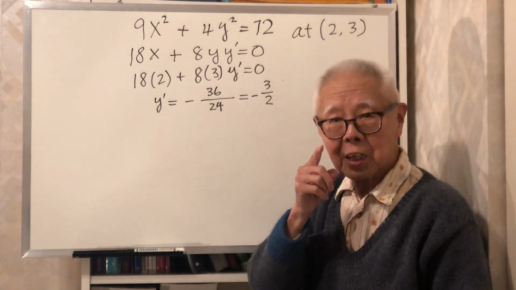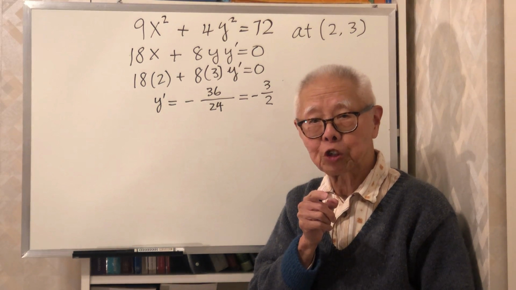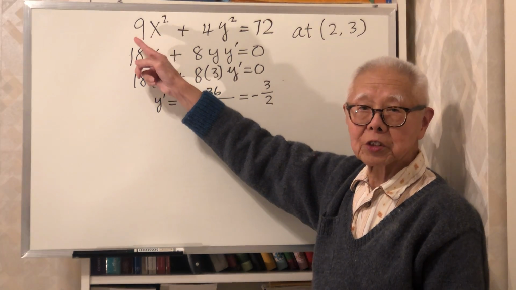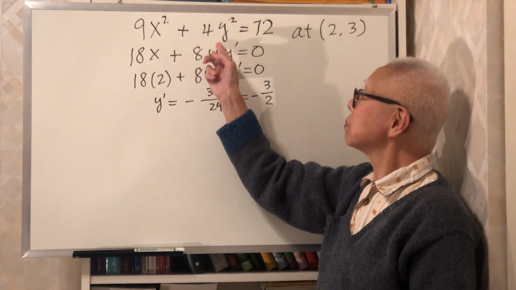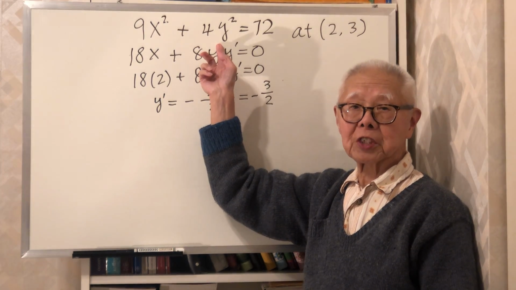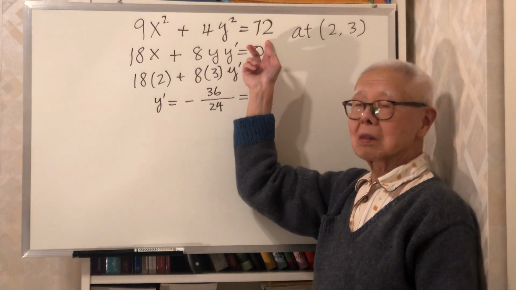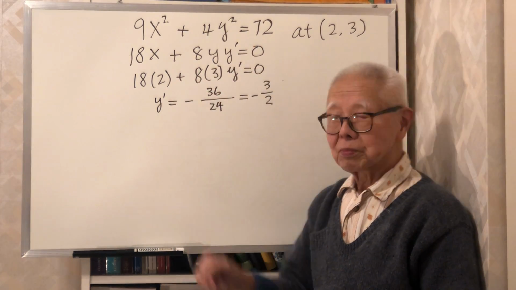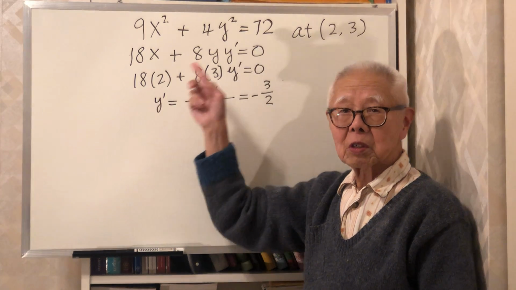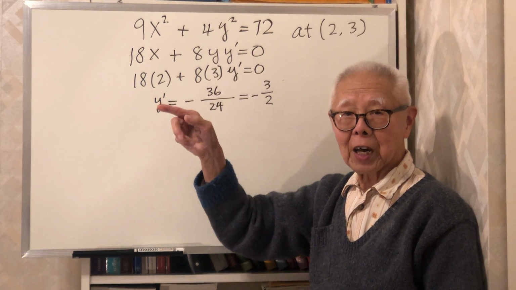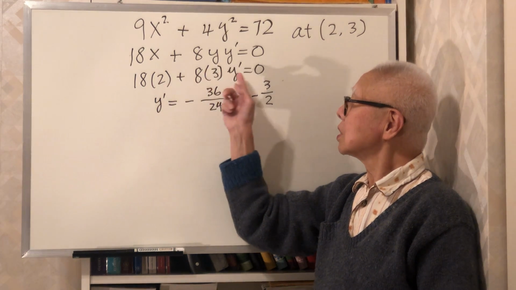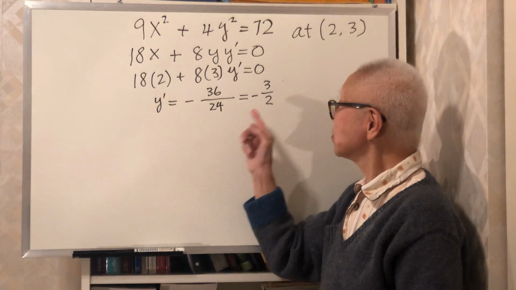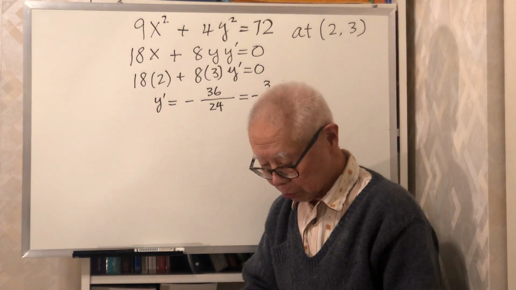So let's do implicit differentiation. Power rule with constant multiple. Power rule with constant multiple. The derivative is 0. Substitute the given coordinates into x and y. Solve for y prime. It's negative 3 over 2.